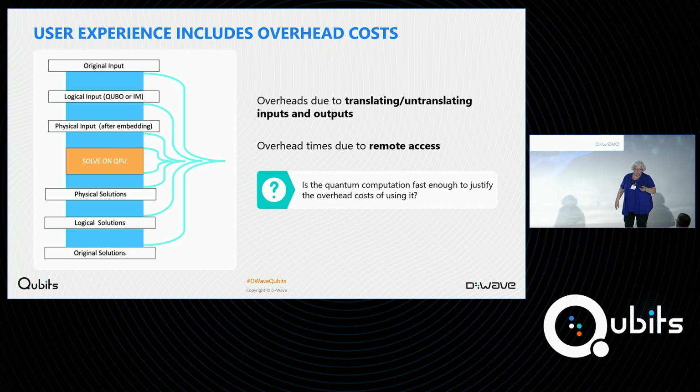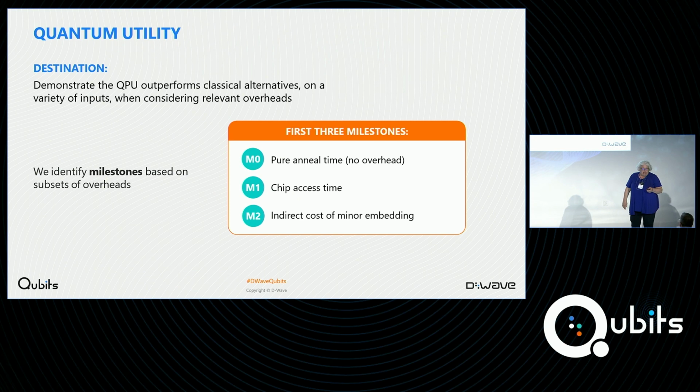That's what we're trying to get at here. Our final destination in the long term is a full-scale, broad demonstration of quantum utility accounting for all of the overheads. We're not there yet, so we establish milestones, narrow definitions of quantum utility with respect to certain types of overhead costs that you're going to face.